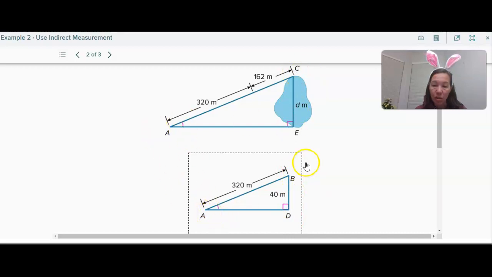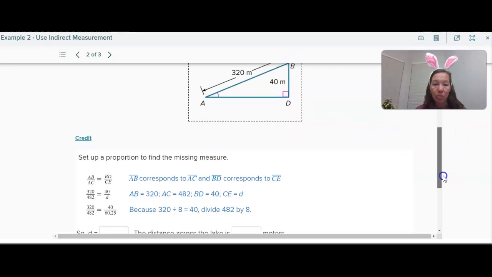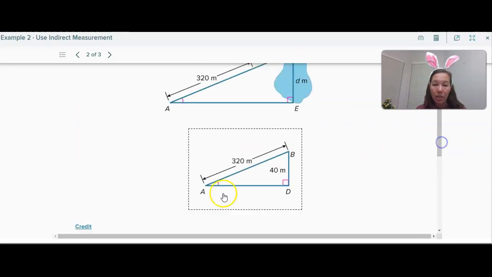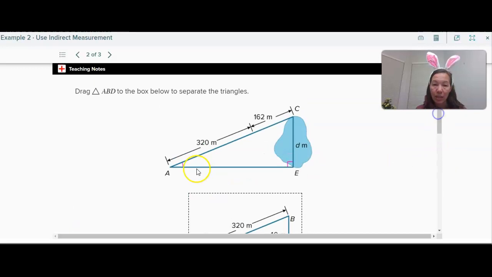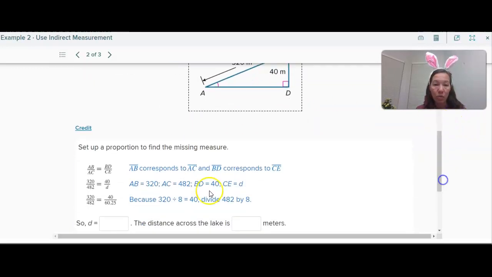So the long side, hypotenuse on top, or excuse me, this leg on top over this leg right here. So AB is 320, and this whole side would be 320 plus 162. So that would be 482. And then this side is 40, and then D is our unknown.